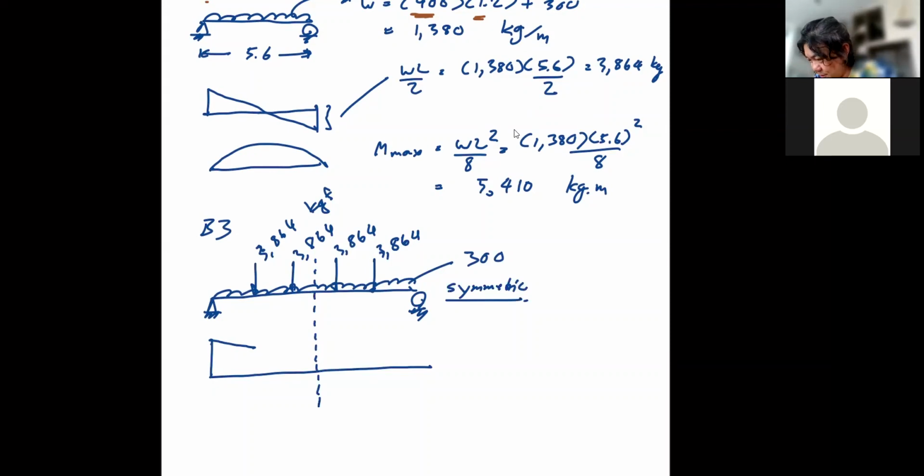Okay. So because of the uniform load, you must have the gradually declining shear force diagram. And you run into the point load or the concentrated load. Now, what the point load does to you is that it causes your shear force diagram to change abruptly, so suddenly.